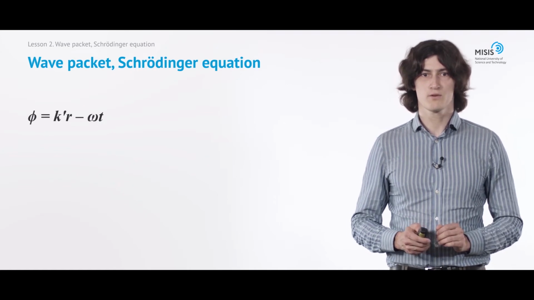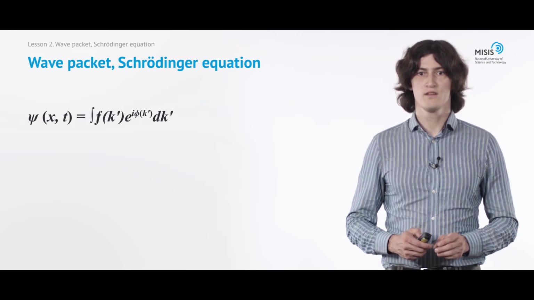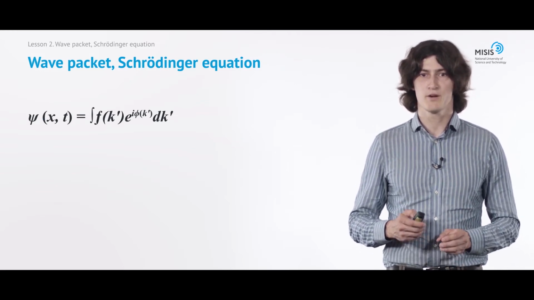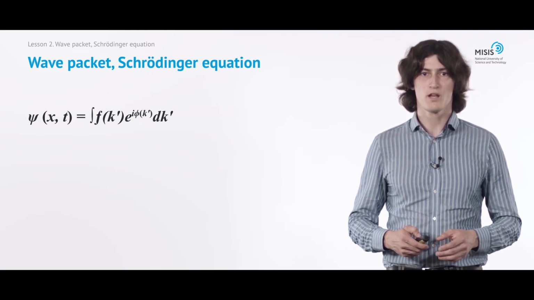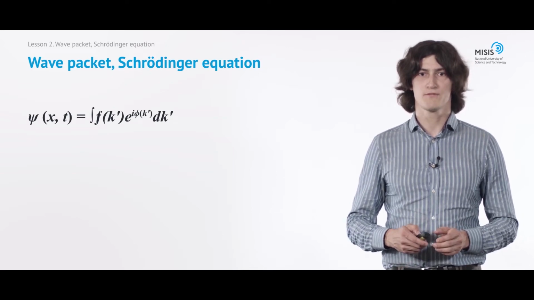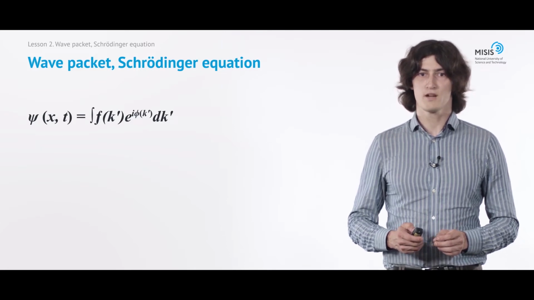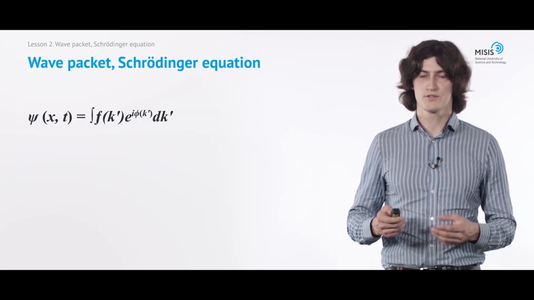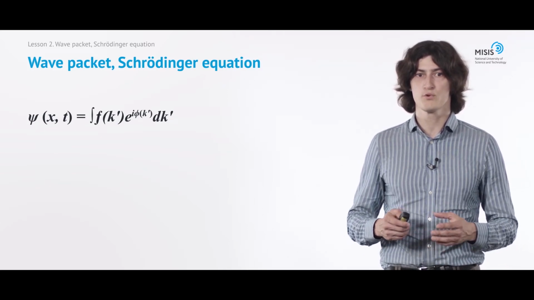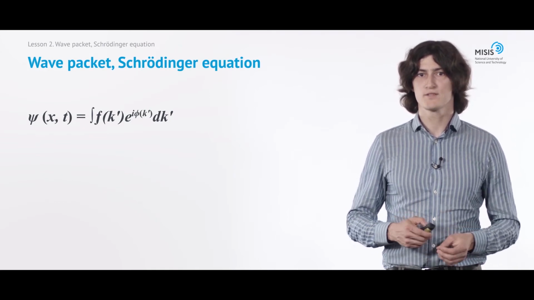Let's denote the phase of the wave by φ. The wave packet ψ is the integral of the product of a function f of k' exhibiting a pronounced peak in the region of the wave vector k with some extension Δk, and the oscillating function exponent of iφ. If the number of oscillations in this region is large, the contributions to the integral from the different portions of the region interfere destructively, and ψ remains negligible.